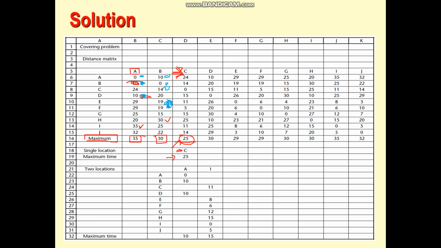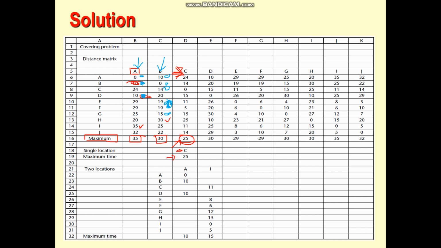So in G. So if we locate our facilities in two depots, that is A and B, we can satisfy the customer in A, B, C, D, and G, but we cannot satisfy the customer in E, F, H, I, and J. So we cannot serve the customer within 15 minutes. So it does not satisfy our requirement.